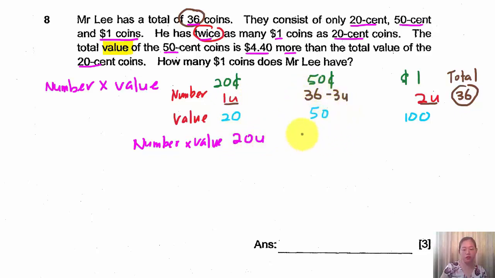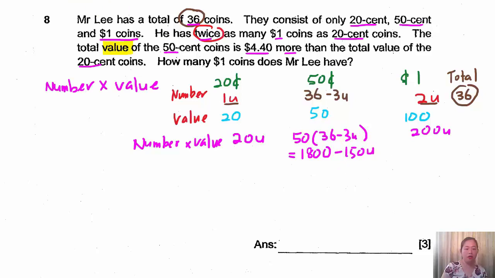This one is a little bit more tedious. It will be 50 multiplied by 36 minus 3 unit, and this will be 200 unit. So let me figure out this one first. 50 multiplied by 36 is actually 1800. So negative 3 multiplied by 50 is negative 150 unit.